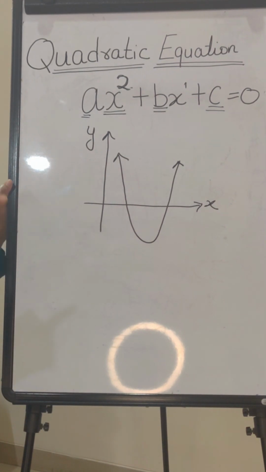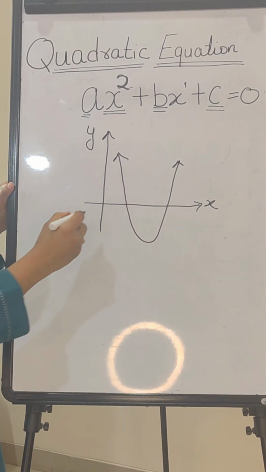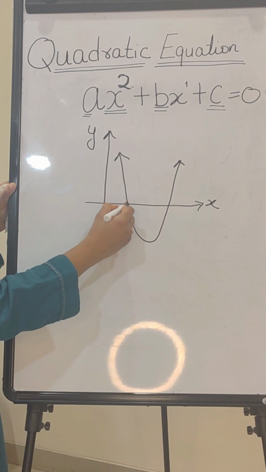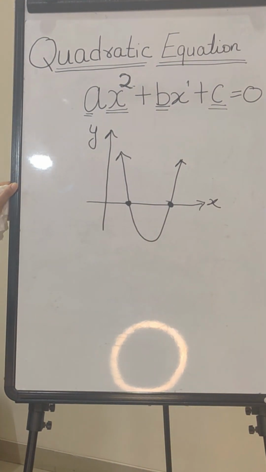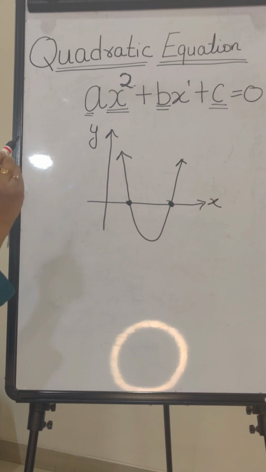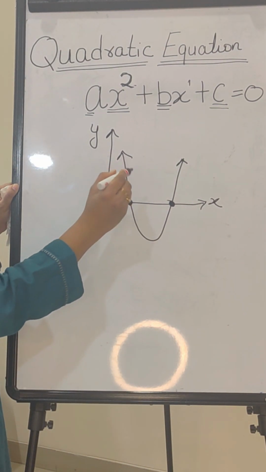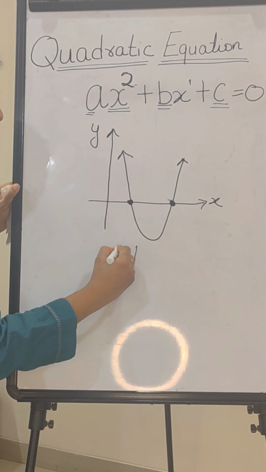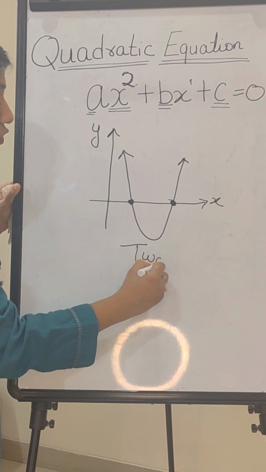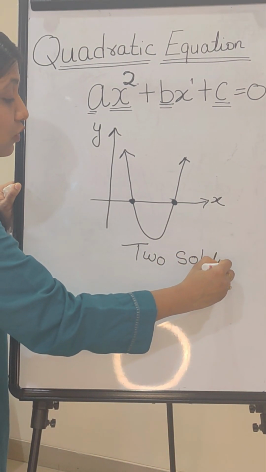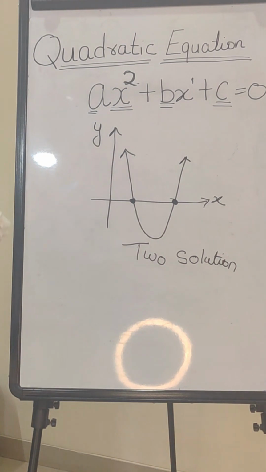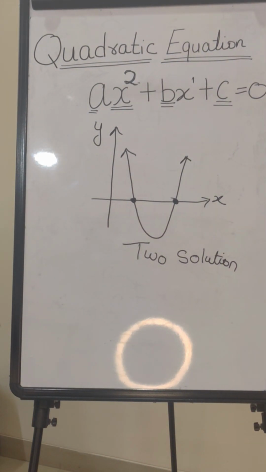Right now, the parabola which I have drawn is cutting the x-axis at 2 points. Therefore, I will say that the quadratic equation for which I have drawn this parabola will have 2 solutions. So when I solve the quadratic equation, I will get 2 solutions.